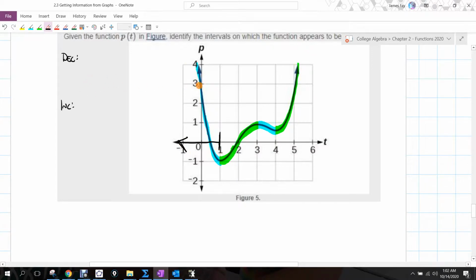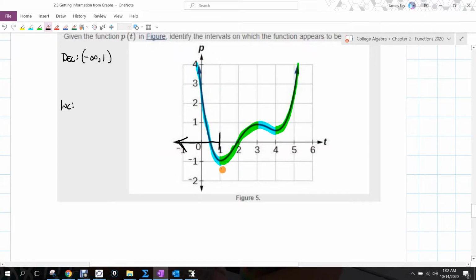So we are decreasing, going left to right, on the interval from negative infinity up to 1. All of these values over here are producing y values that, as I move x's to the right, are getting smaller and smaller successively.